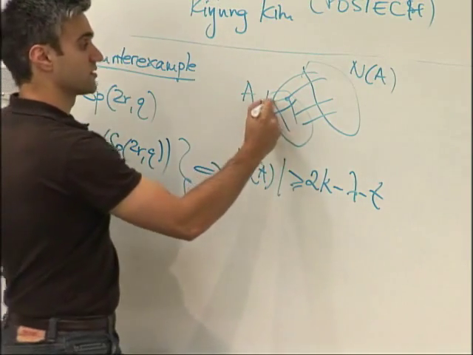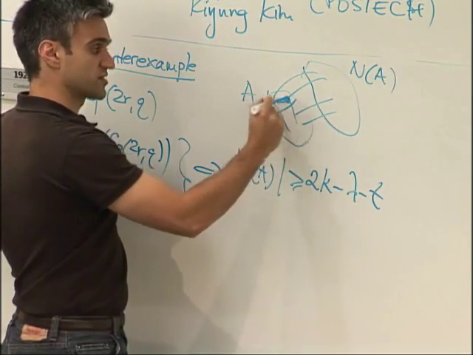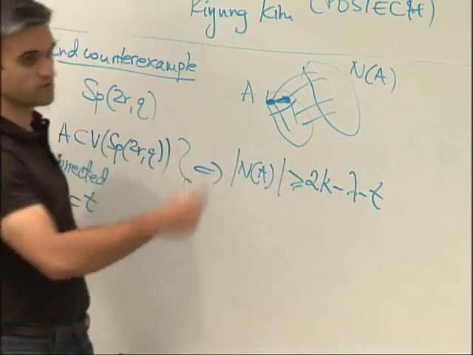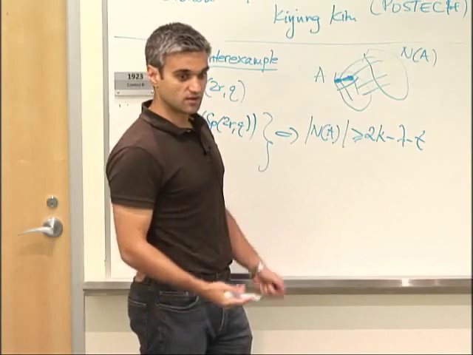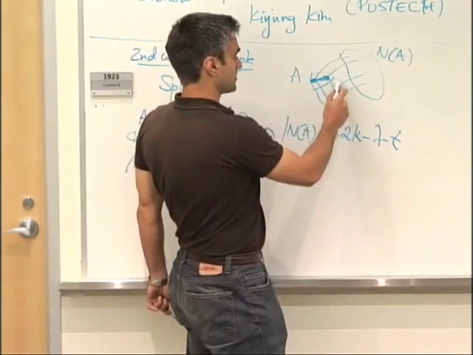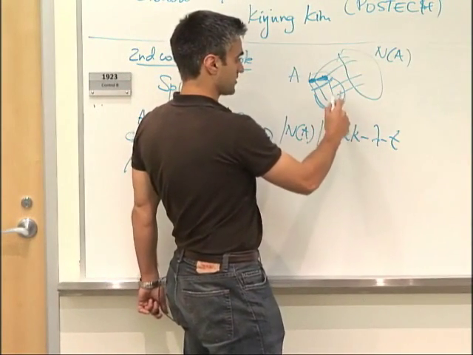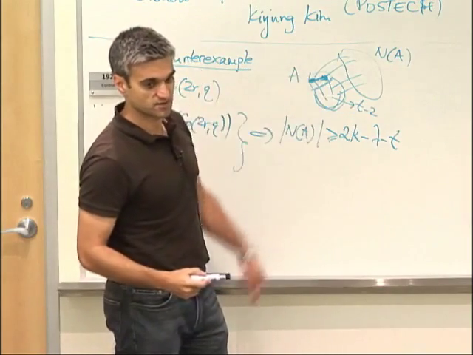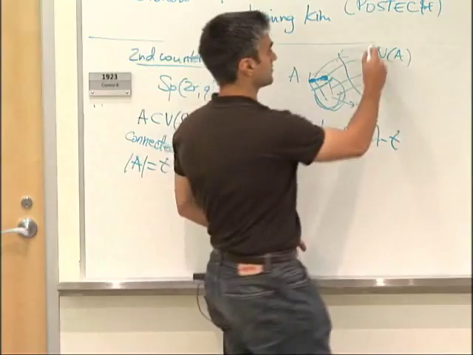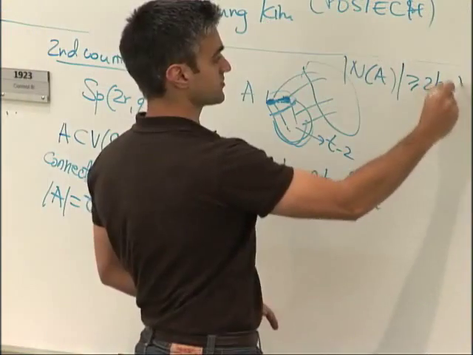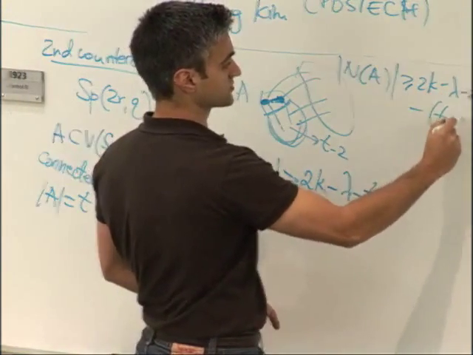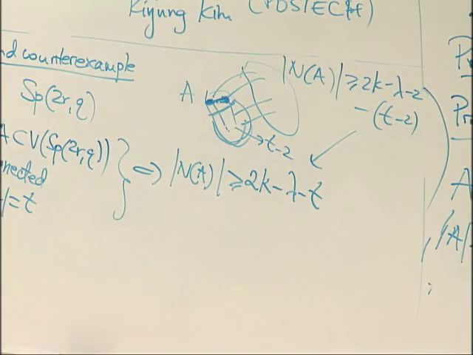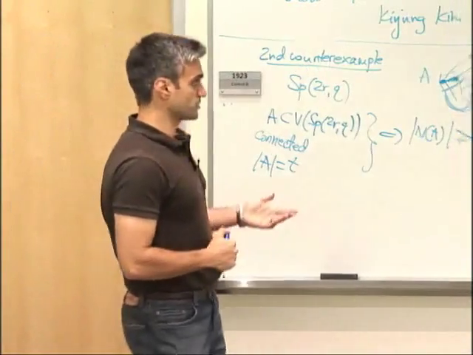So if I look at these two vertices which are adjacent here, the cardinality of the neighborhood of that is going to be 2k minus lambda minus 2. And in the worst situation, every vertex in here, there are T minus 2 of them, is going to be adjacent to at least one of these guys. So here, you're always going to have at least 2k minus lambda minus 2 minus (T minus 2), which is exactly this one.